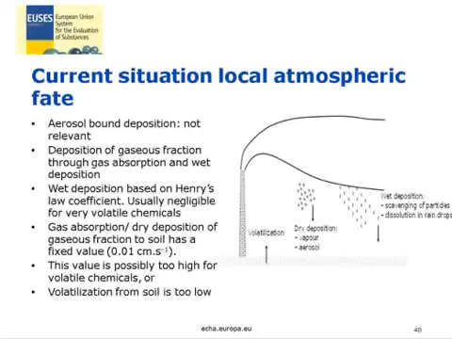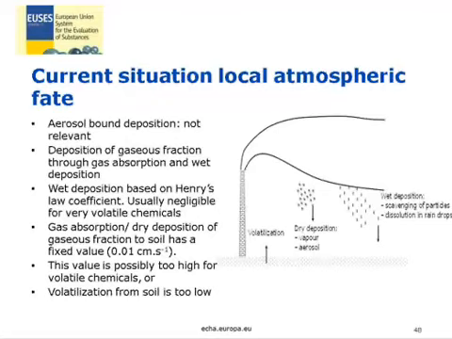Well, this is how it's done in EUSES. You have the deposition from substances bound to particulates in the atmosphere, and you have the gaseous phase, so the deposition from the gaseous phase. Well, you can do a quite quick check and see that deposition for the aerosol-bound part is not relevant for volatile chemicals.